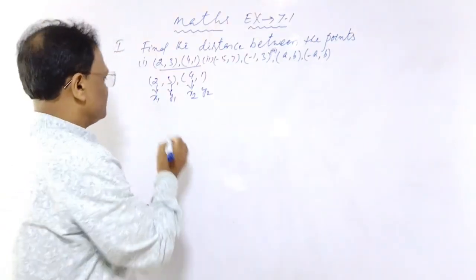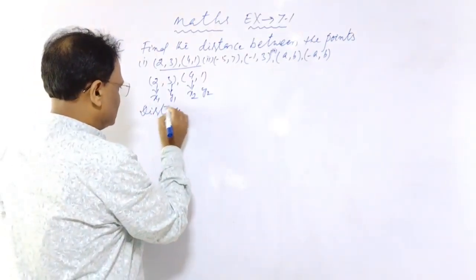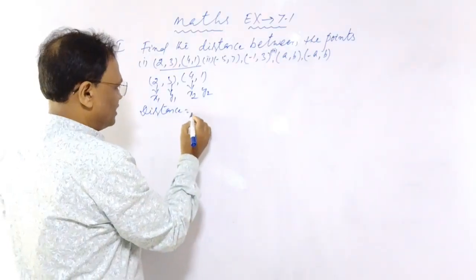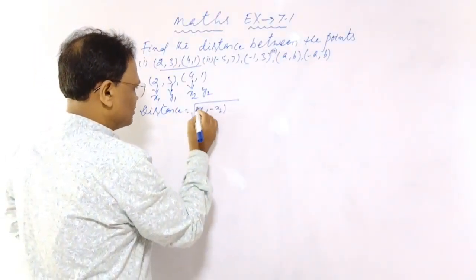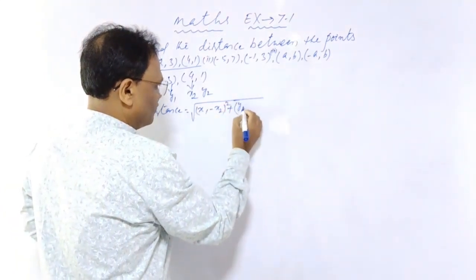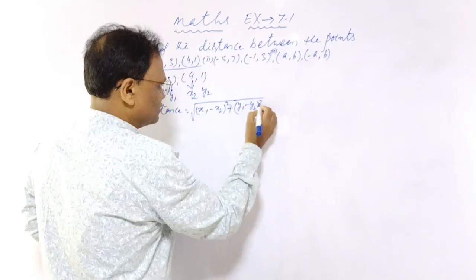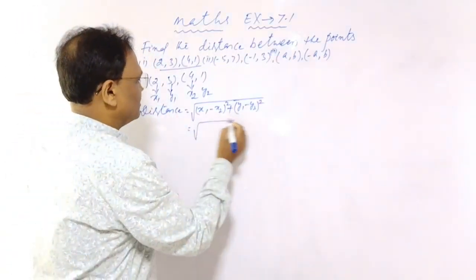And the distance formula for the distance between these 2 points is: distance is equal to root over x1 minus x2 whole square plus y1 minus y2 whole square. Just use it.